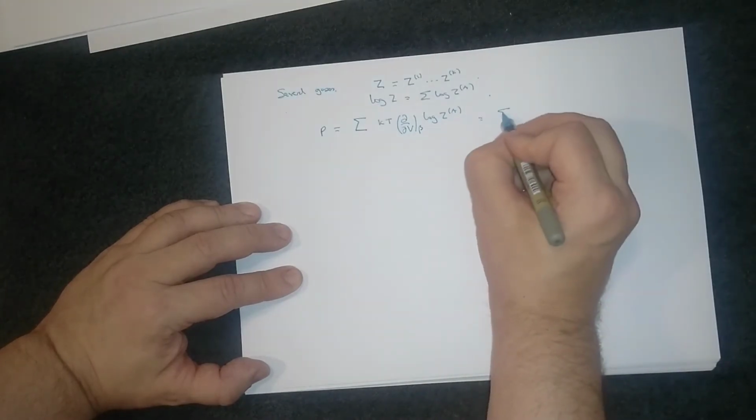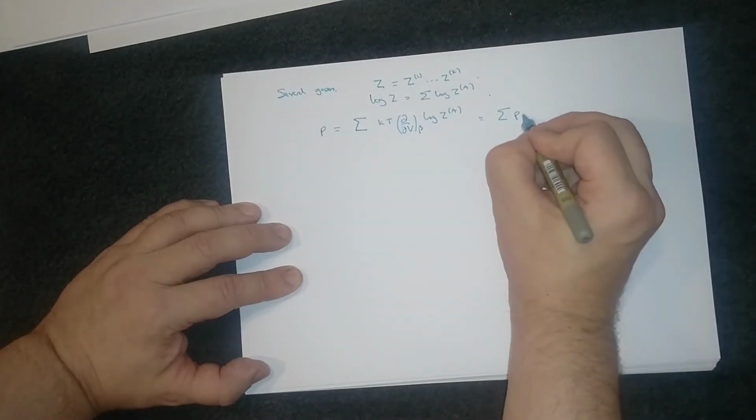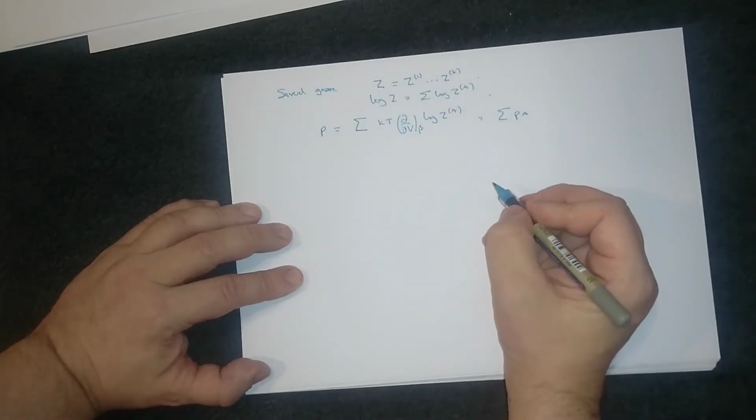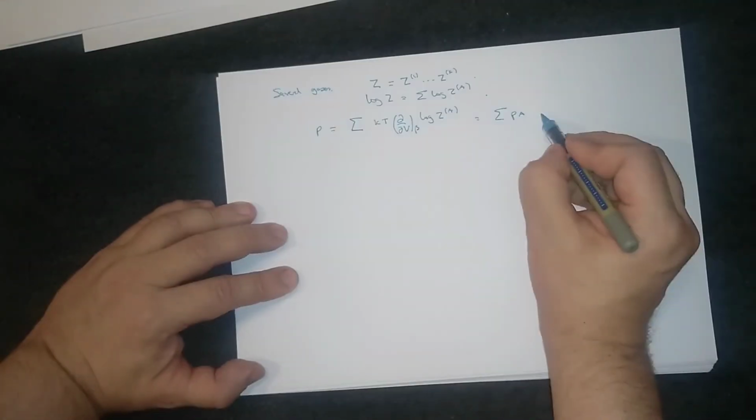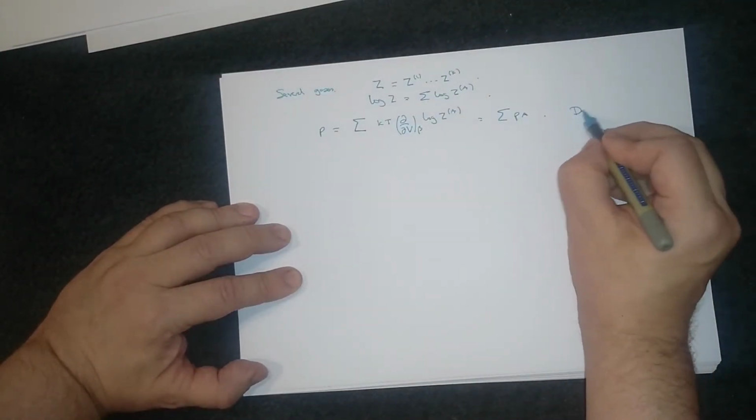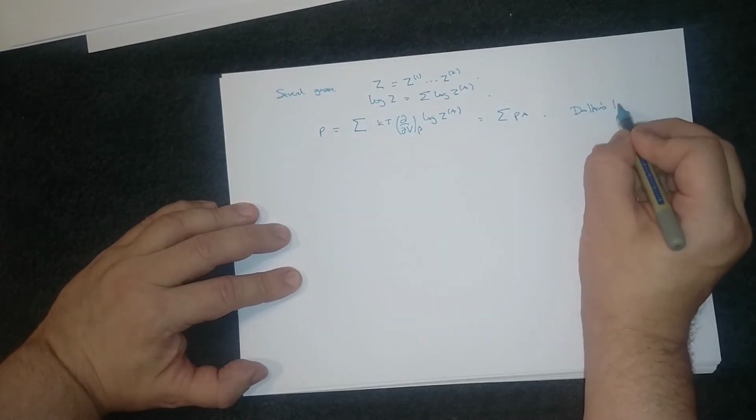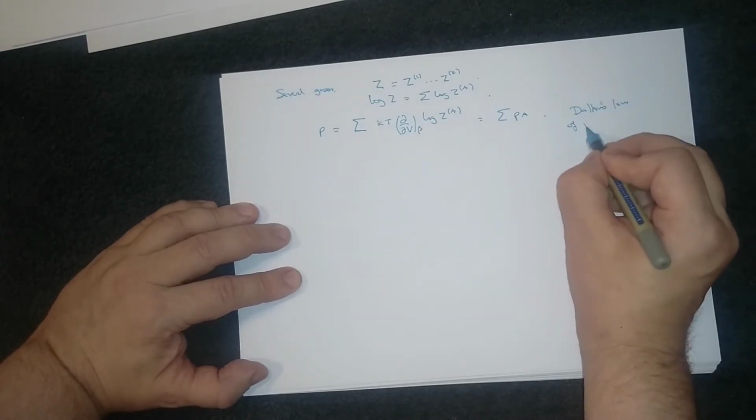This is the sum of the P's. In other words, the total pressure is the sum of the partial pressures, and this is Dalton's law of partial pressures.